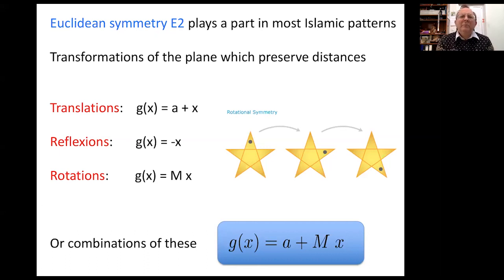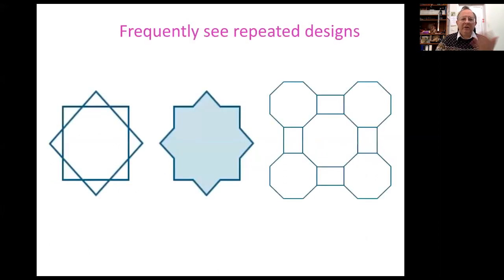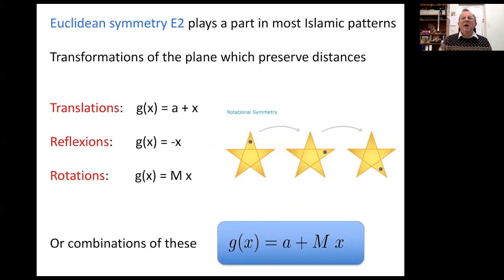So the basic factor that operates in many Islamic patterns is the Euclidean symmetry group E2, which is essentially the transformations of the plane which preserve distance. So you might take a basic image such as a star or one of these other images here, and act on it by one of these group operations.